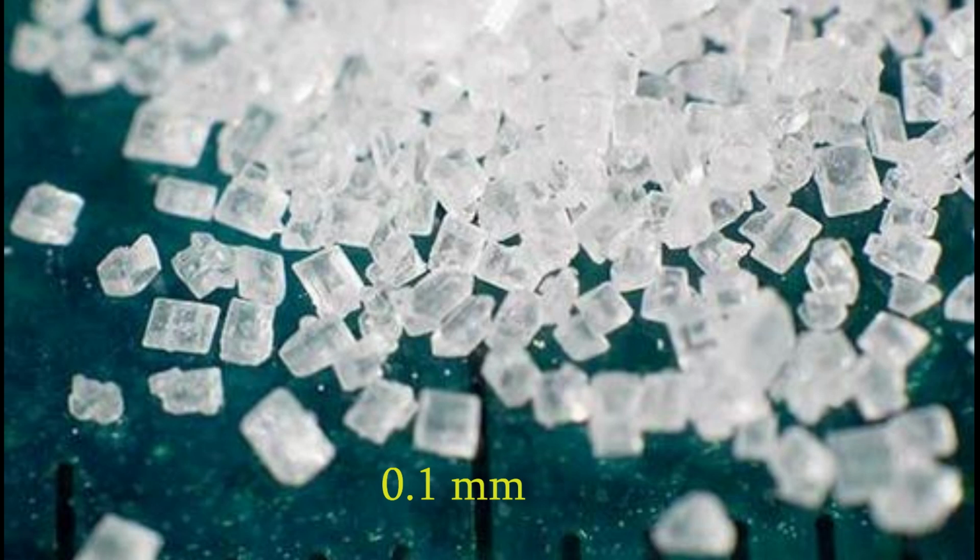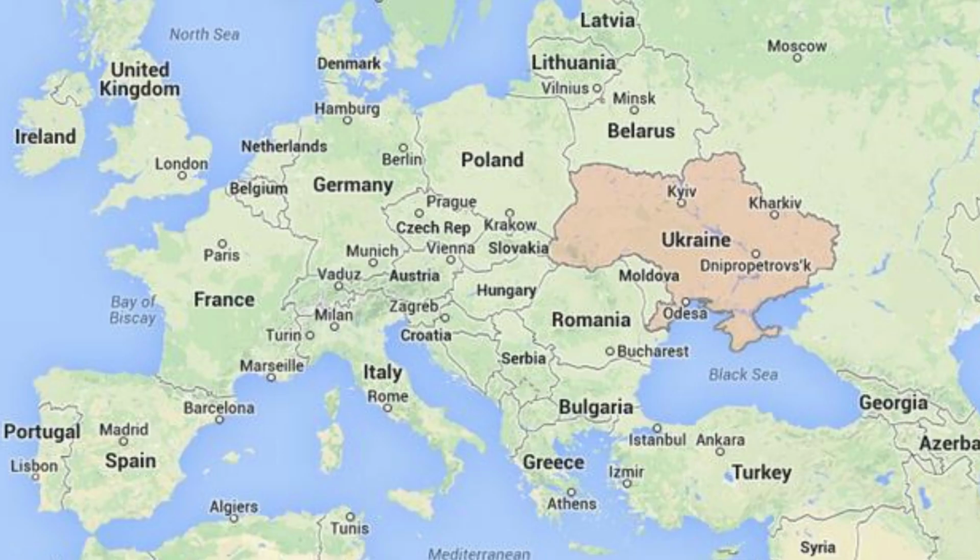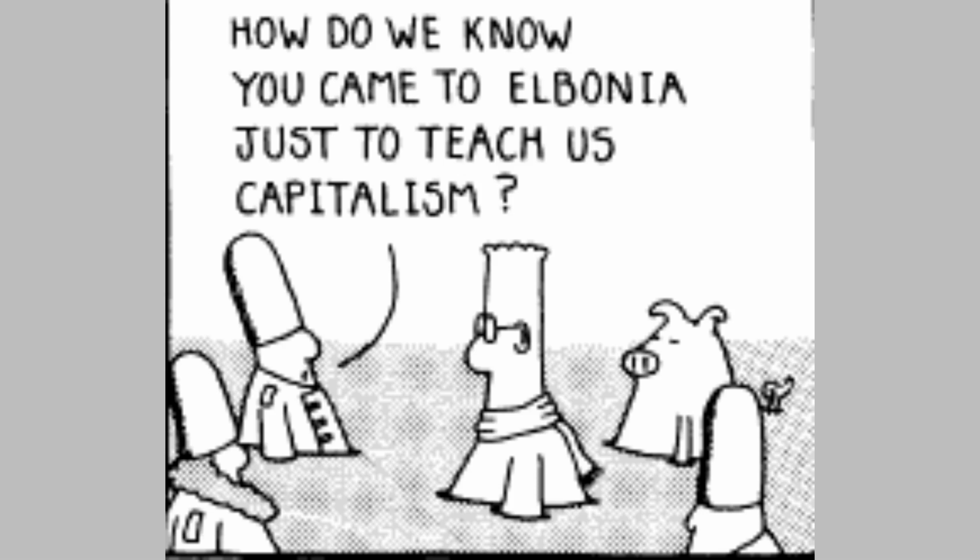In that case, 1 mole, Avogadro's number, of sugar crystals would be enough sugar to completely cover the nation of Ukraine to a depth of about 3 feet. Everyone there would be chest deep in sugar. That gives you an idea of how huge Avogadro's number is, and also how small molecules are, because a mole of molecules is usually small enough to fit in your hand.